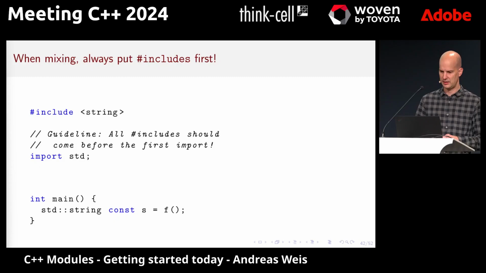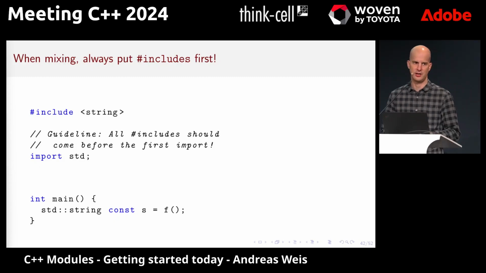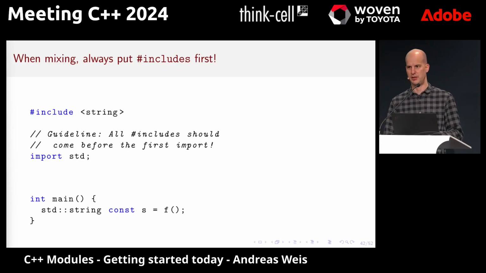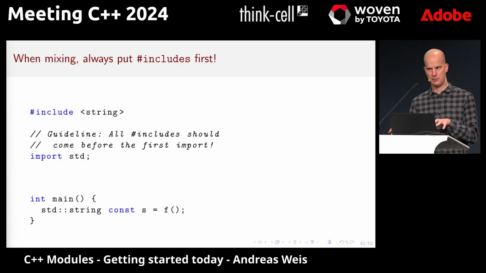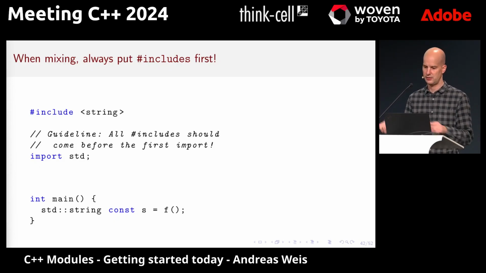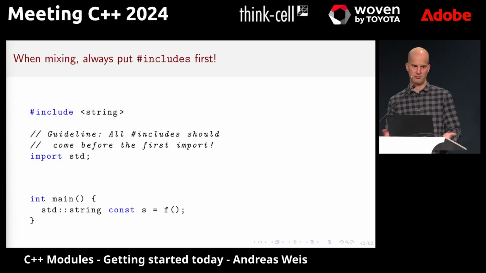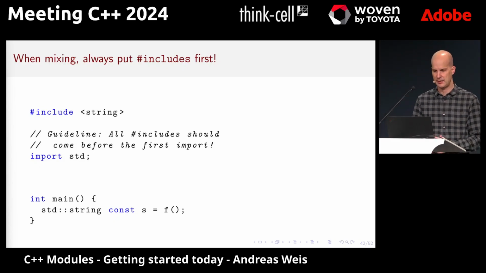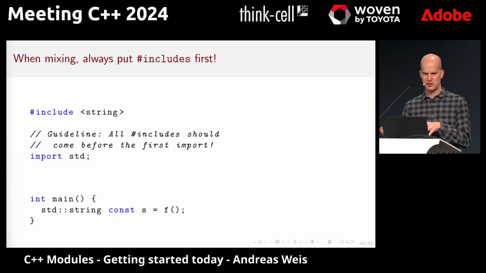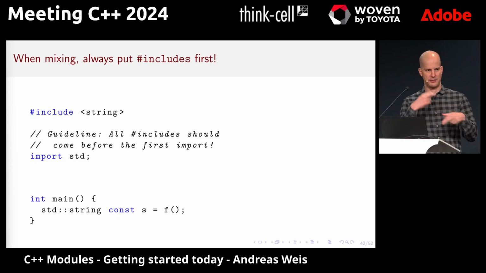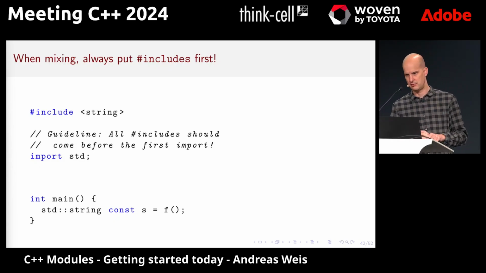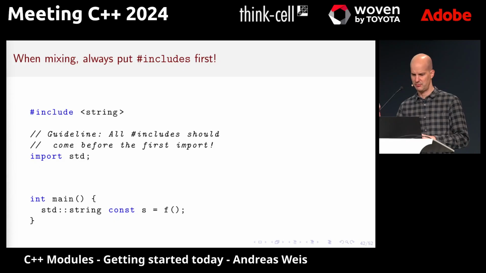It's currently not guaranteed for any user code, but this is an area that is still somewhat in flux, and depending on how tools are able to mature here, we might be able to have that as a general guideline. It also might be that tools get smarter and the order does not matter as much at some point, but for now, I think this is a reasonable guideline to follow.